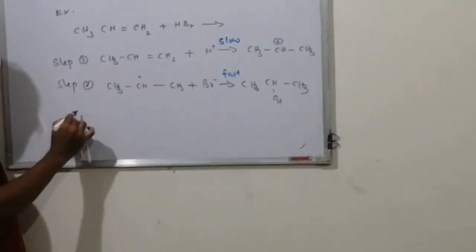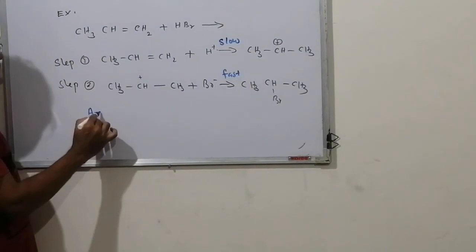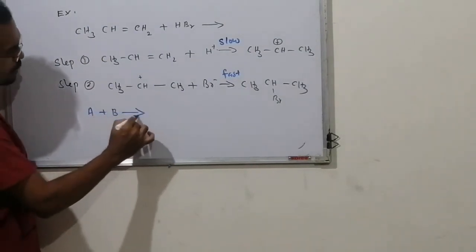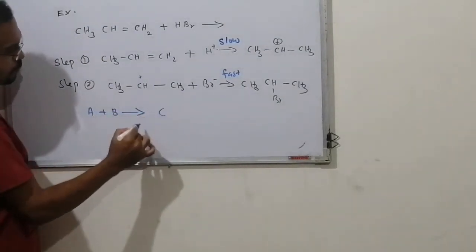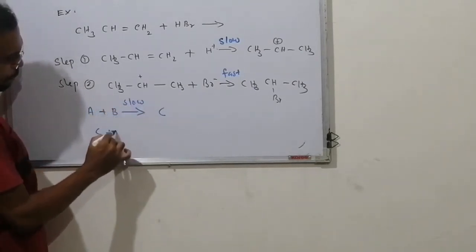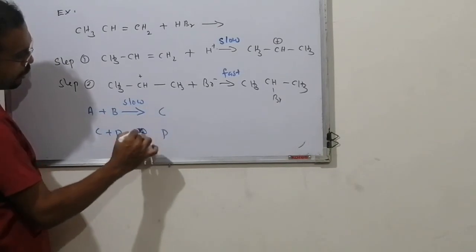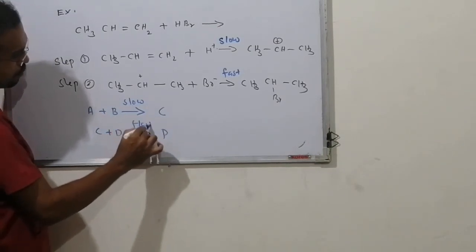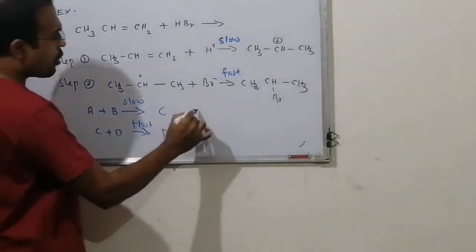Therefore, in this reaction, A plus B gives C, slow, C plus D gives P, fast. What is the order of this reaction?